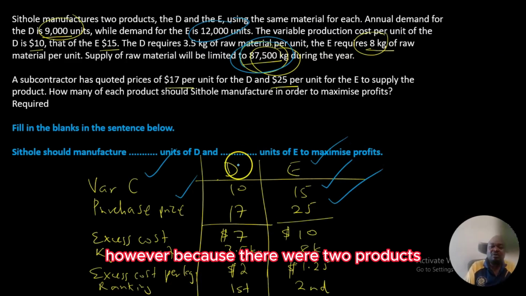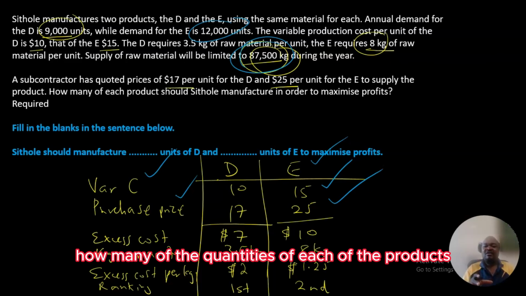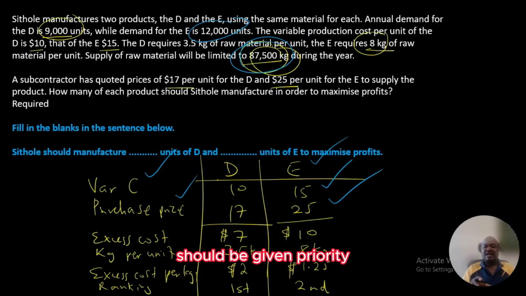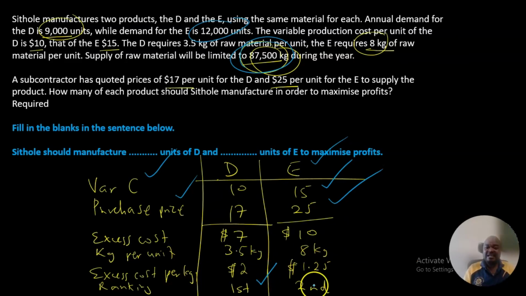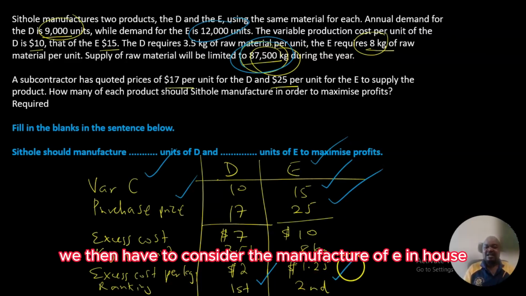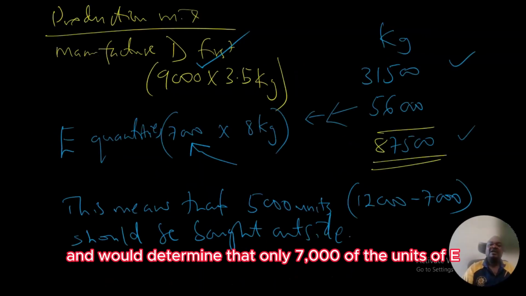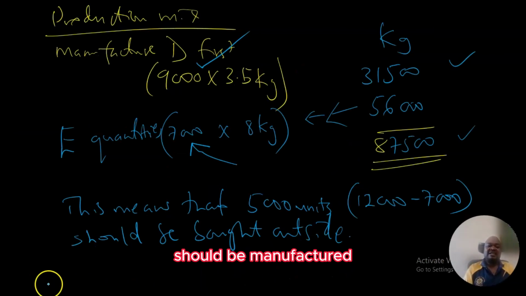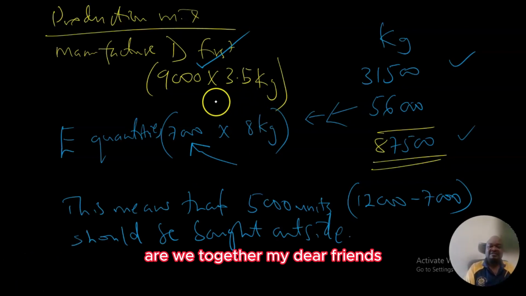However, because there were two products, we then need to determine how many of the quantities of each of the products should be given priority. And we did this particular analysis and determined that the whole of D should be manufactured in-house. And after doing that, we then have to consider the manufacture of E in-house again. And we determine that only 7,000 of the units of E should be manufactured in-house. Are we together, my dear friends?